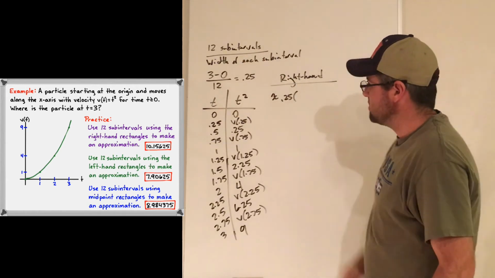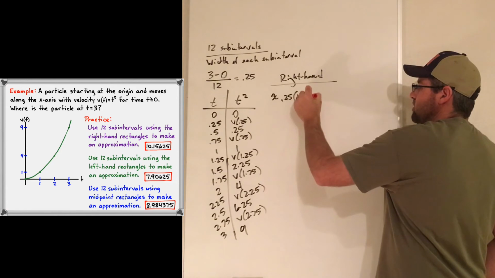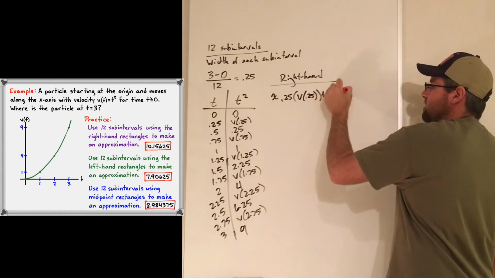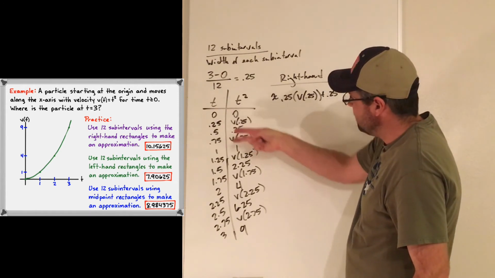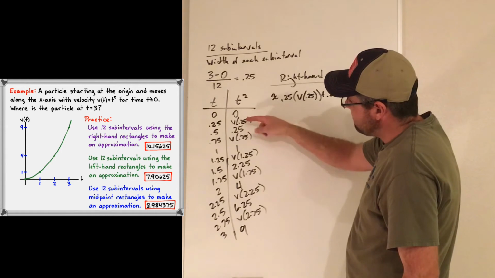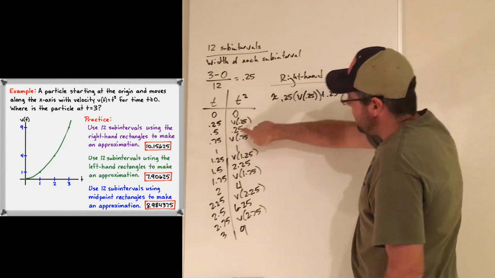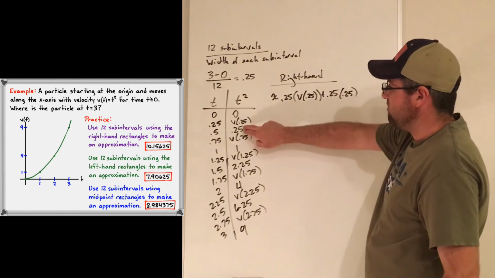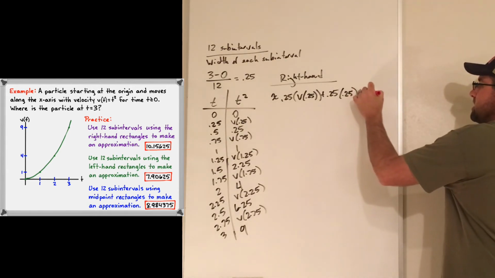The 0.25 is on the right, so we're going to use V of 0.25. And then plus the width of the second subinterval, which is from 0.25 to 0.5, so it's 0.25 again, times the right hand value. The right hand out of these two is 0.5, so we multiply that by 0.25, or V of 0.5, right? V of 0.5. And then plus dot, dot, dot.